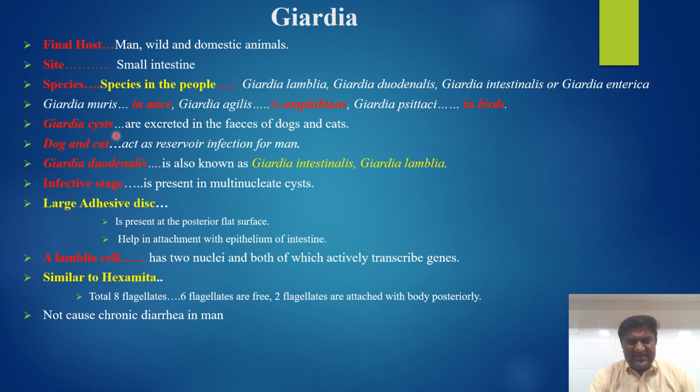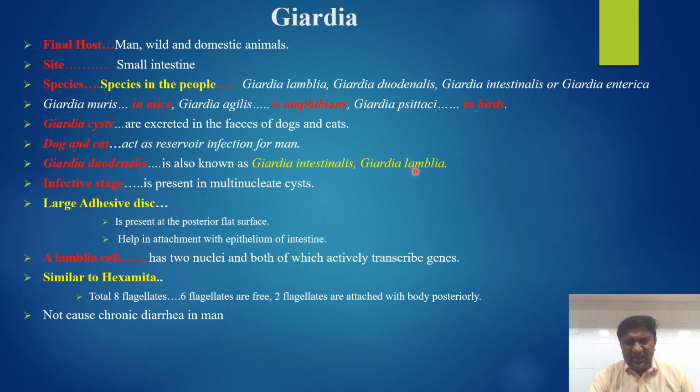The Giardia cysts are excreted in the feces of dogs and cats. Dogs and cats act as a reservoir of infection for man.